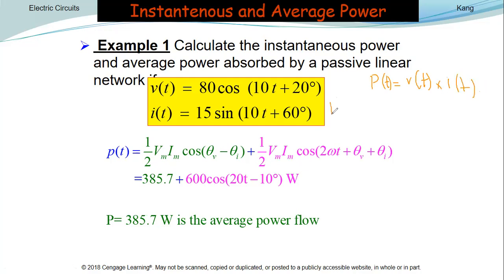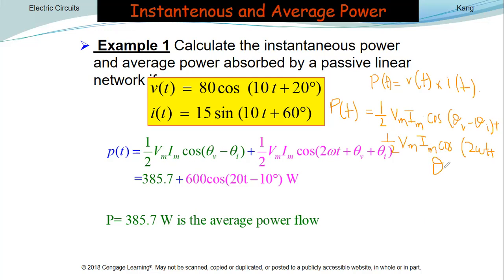As we calculated, the value of p(t) will be equal to half Vm Im cos(theta v minus theta I) plus half Vm Im cos(2 omega t plus theta v plus theta I).